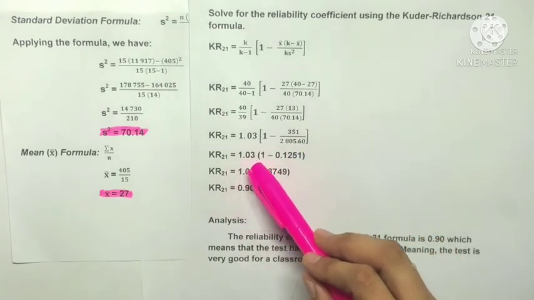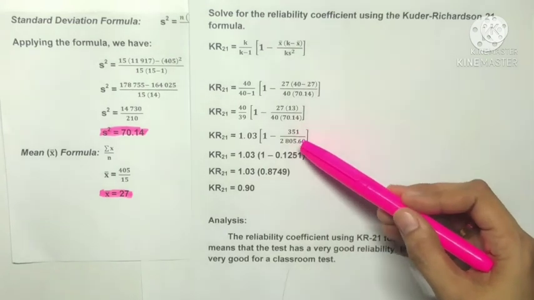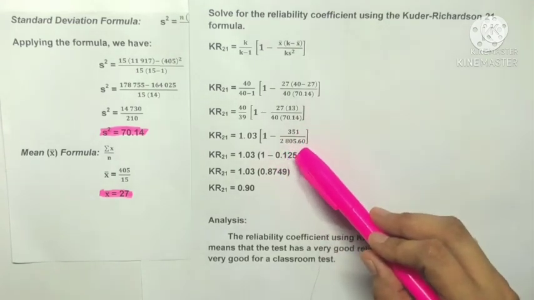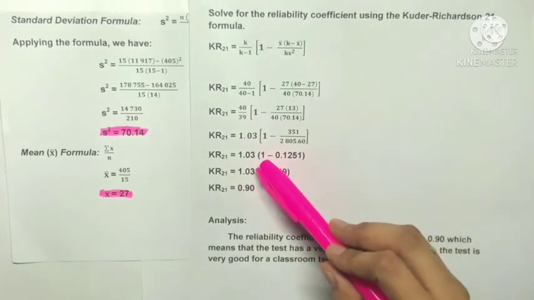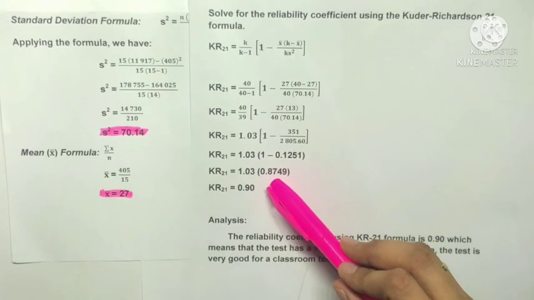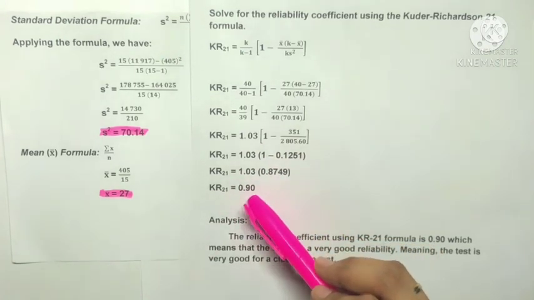So we have here 1.03. So we will have 351 divided by 2,805.60 is 0.1251. So we will subtract it from 1. So we have 0.8749 times 1.03 is equal to 0.90.